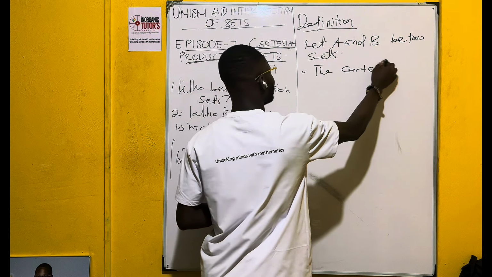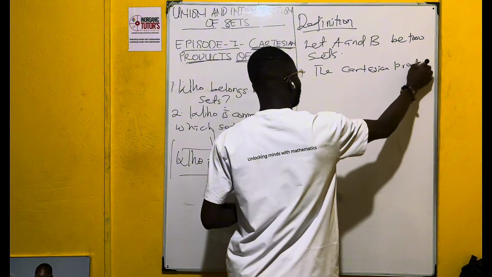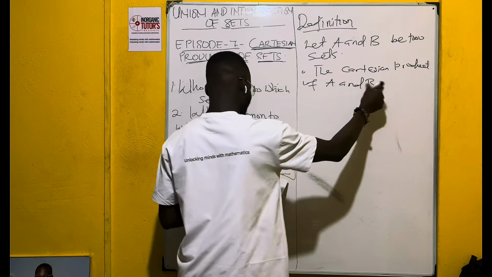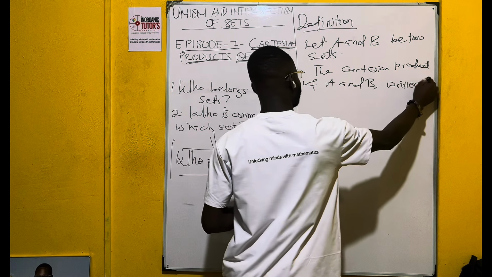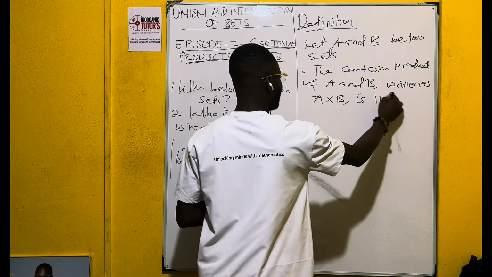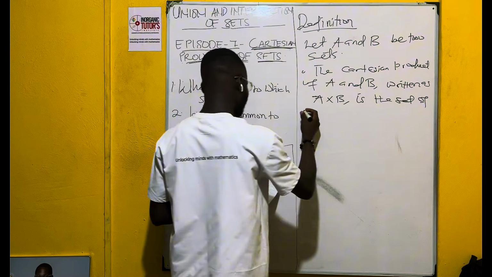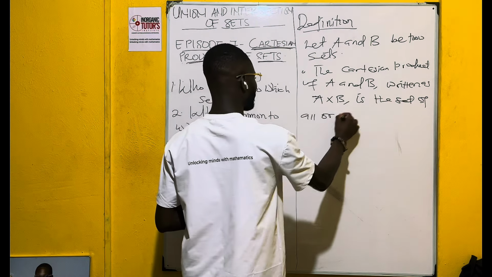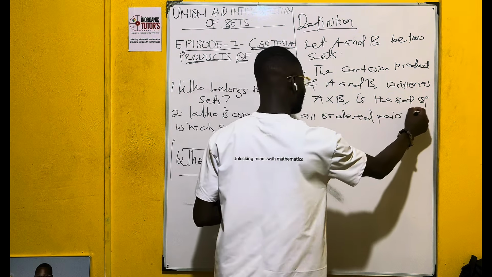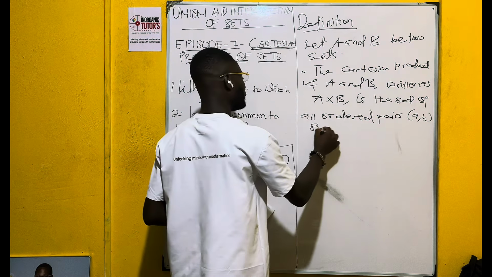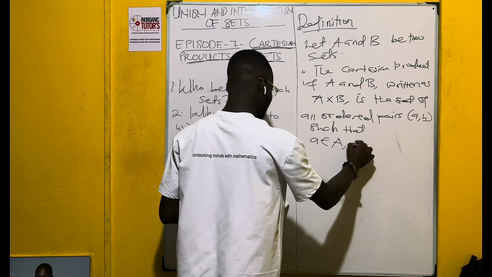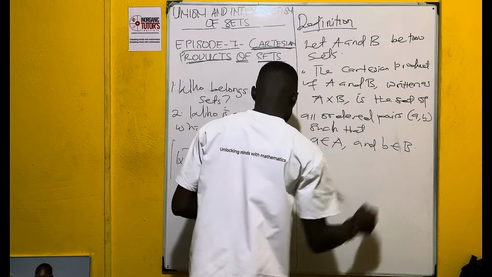Then the Cartesian product of A and B, written as A cross B, is the set of all ordered pairs (a, b) such that a belongs to capital A and small b belongs to capital B.